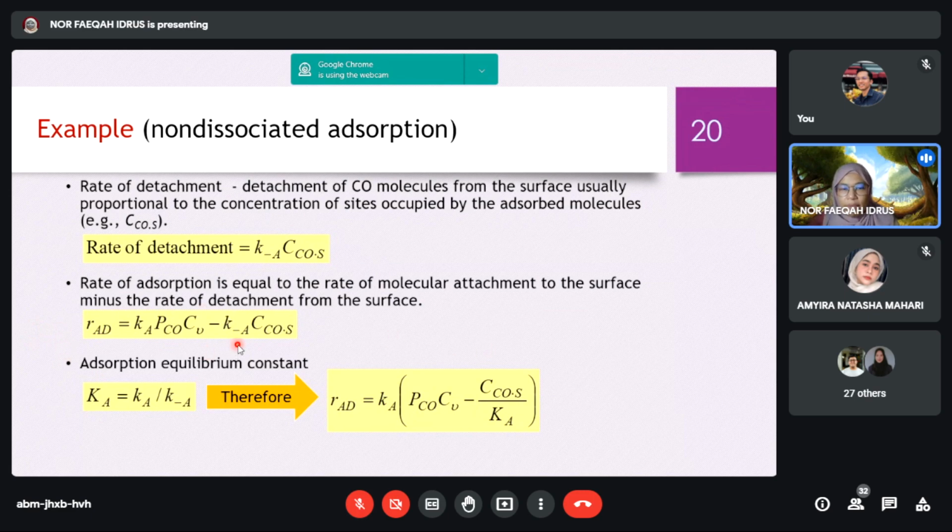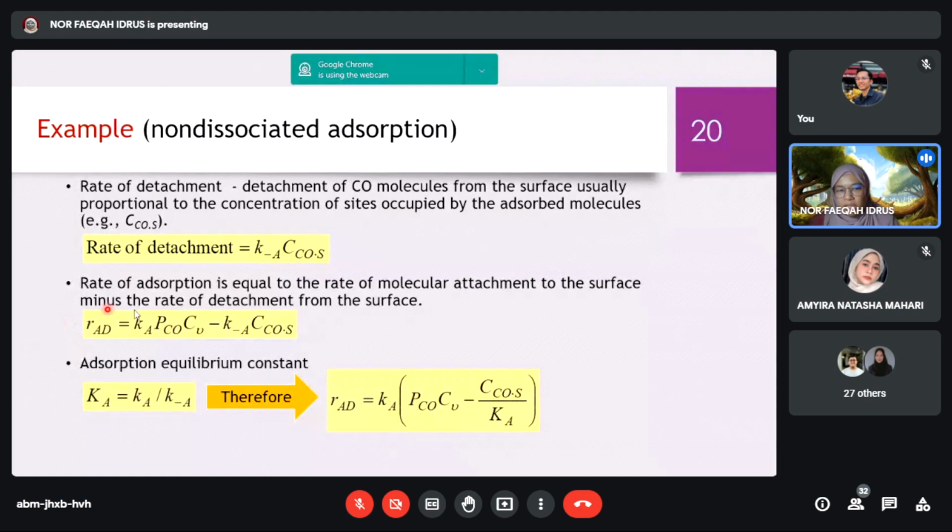So this is the net rate of adsorption, rate of attachment minus rate of detachment. RAD here, the rate of adsorption, equals the rate of molecular attachment to the surface minus the rate of detachment from the surface.